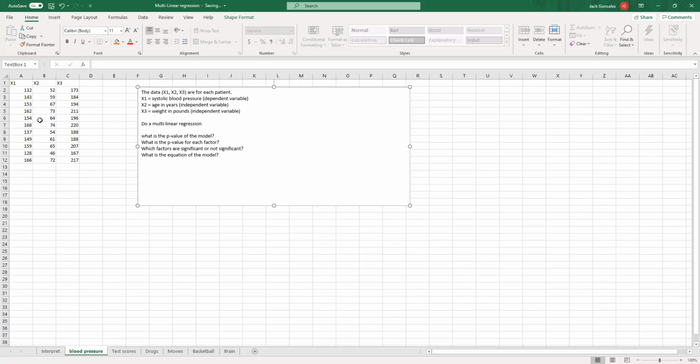But since we have multiple factors, the equation is not going to be ax plus b anymore. It's going to be y equals ax1 plus bx2 plus some constant, which we'll call c for this particular example.